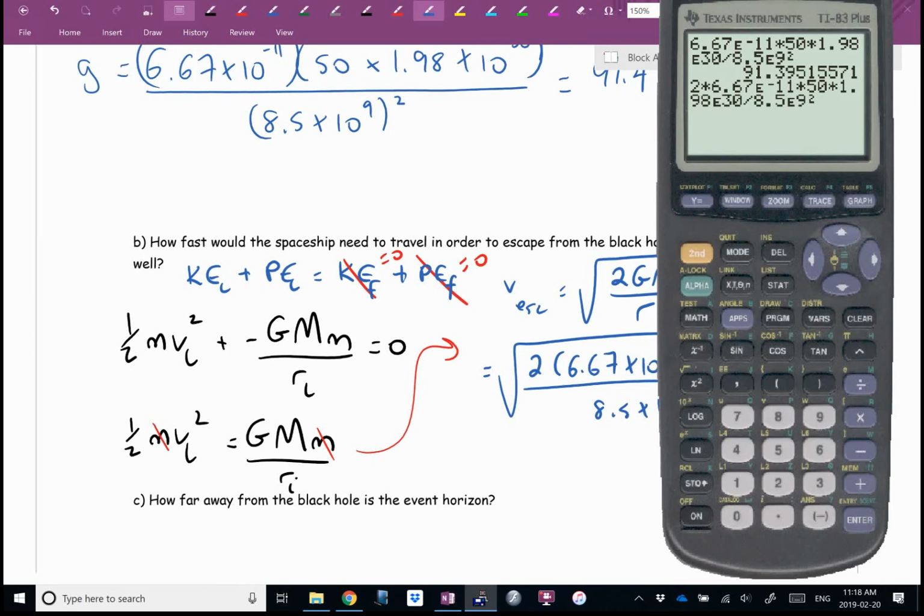Then I just need to delete the squared, and then square root of that. Double check me, but I got 1.25 times 10 to the 1, 2, 3, 4, 5, 6.